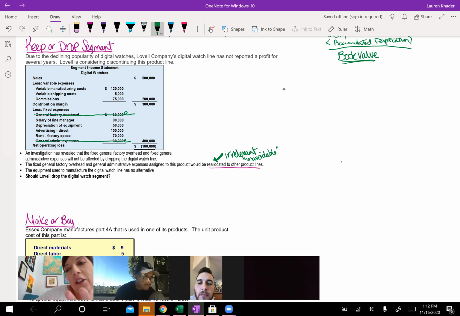These were just allocated out to each of the product lines that they offer. It's not incurred directly from this product line. What we have to do is figure out what's relevant and what's not of the remaining items, because not much was discussed below.